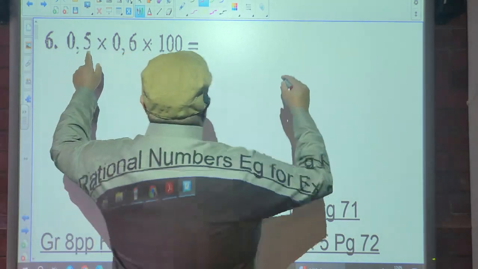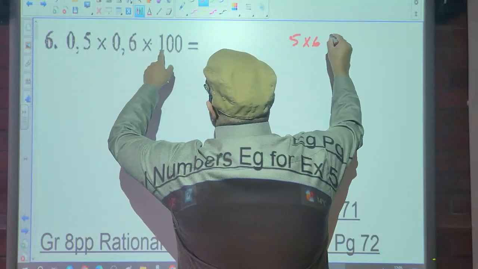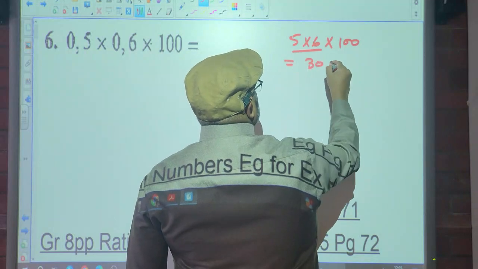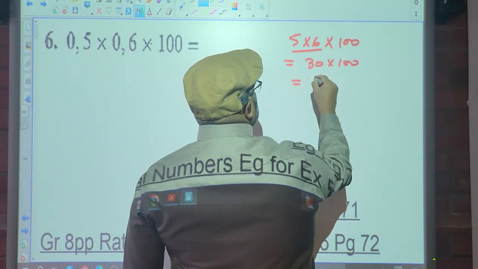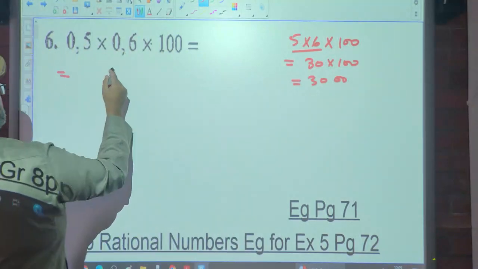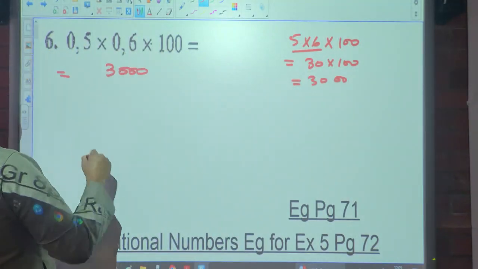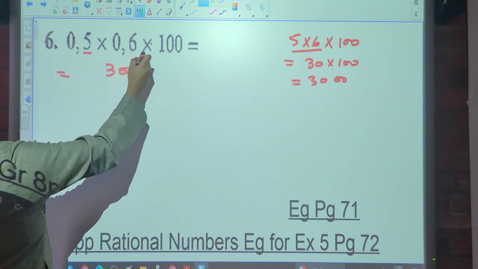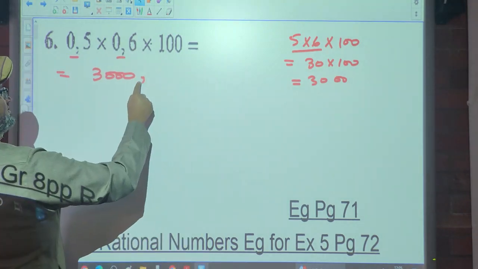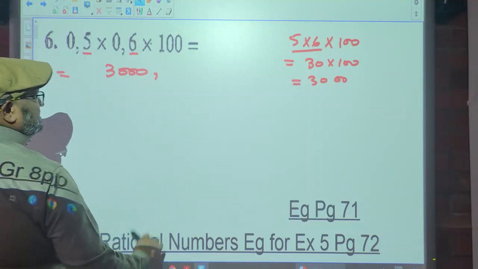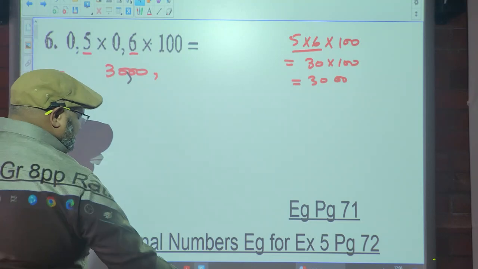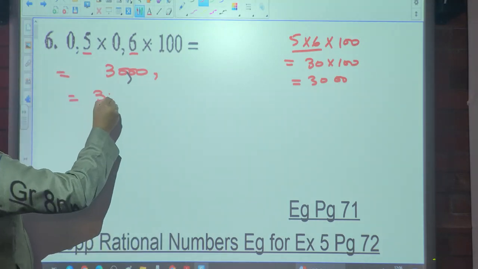Right, the next one, you got 5 multiplied by 6 multiplied by 100. 5 times 6 is 30, times 100 is 3000. So how many digits are after the comma? 2. So I must move this 2 units. So the answer is simply 30.